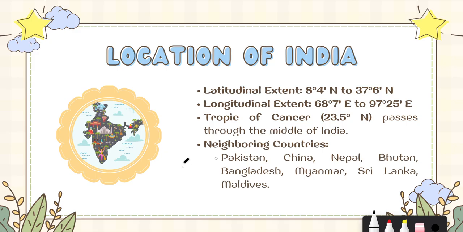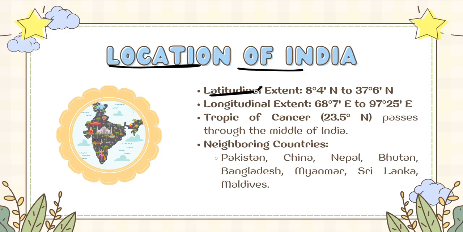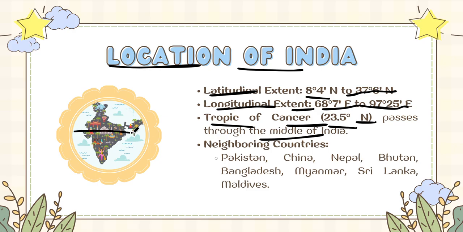Location of India. The latitudinal extent is this much: 8 degrees 4 minutes north and 37 degrees 6 minutes north. The longitudinal extent is this much, children: 68 degrees 7 minutes east and 97 degrees 25 minutes east. The Tropic of Cancer is 23.5 degrees north, which passes through the middle of India, cutting it into two halves like this.